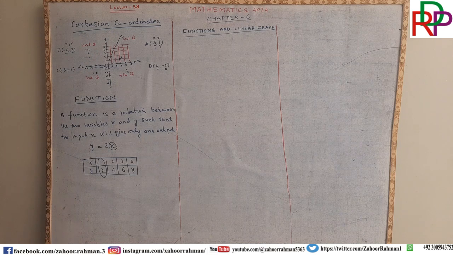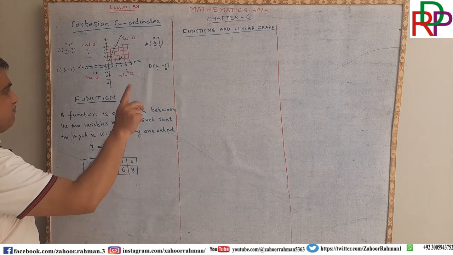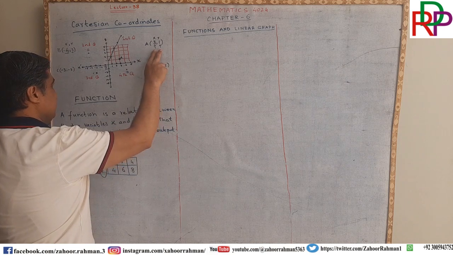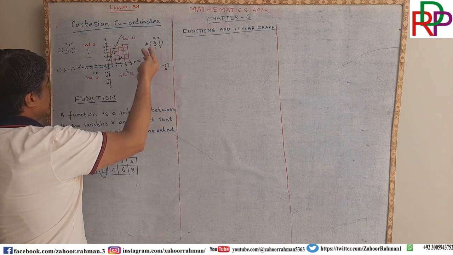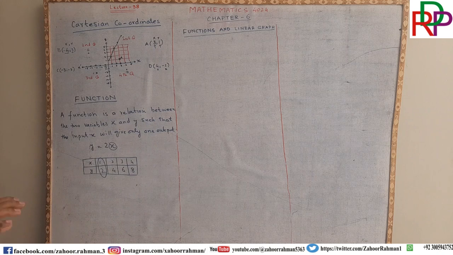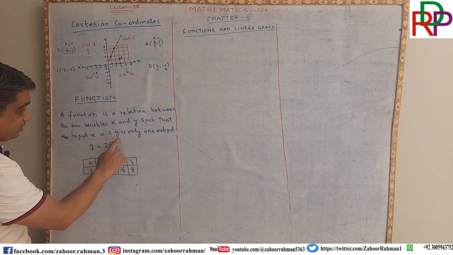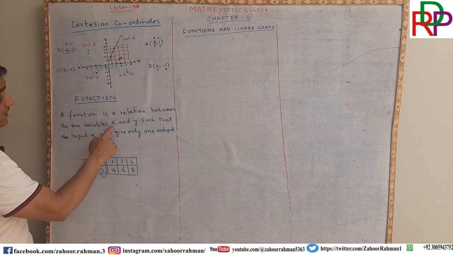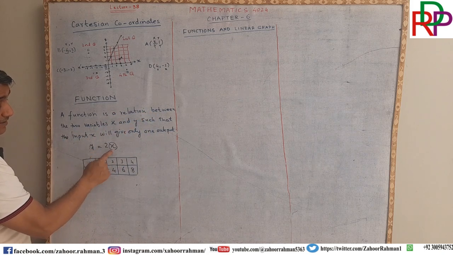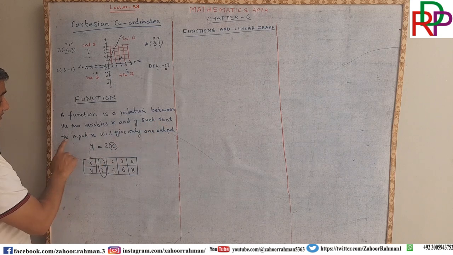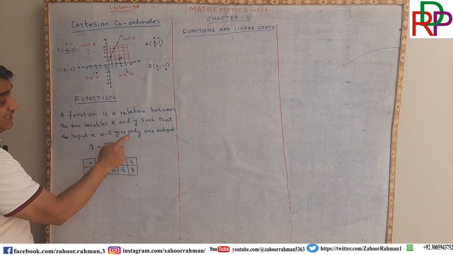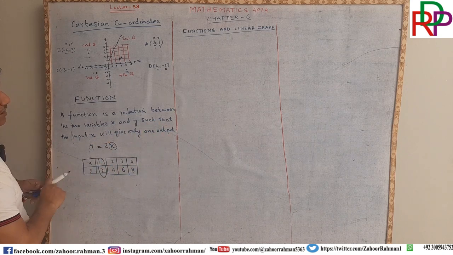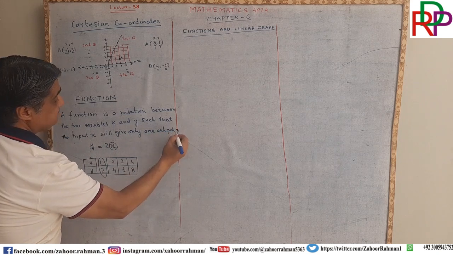For drawing a graph, 2 points are necessary, and those 2 points we can get from a function. A function is a relation between two variables x and y such that the input x will give you only one output y.